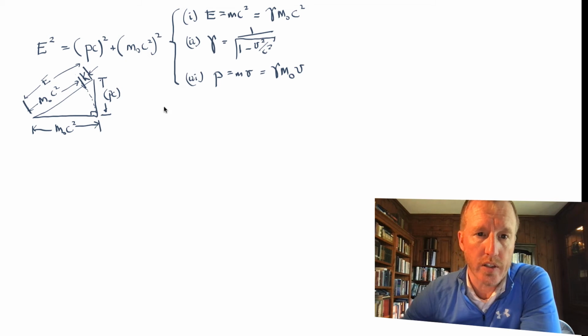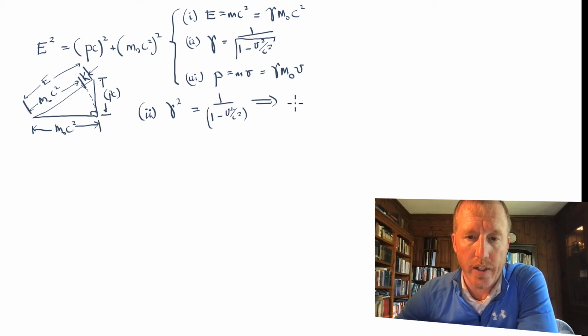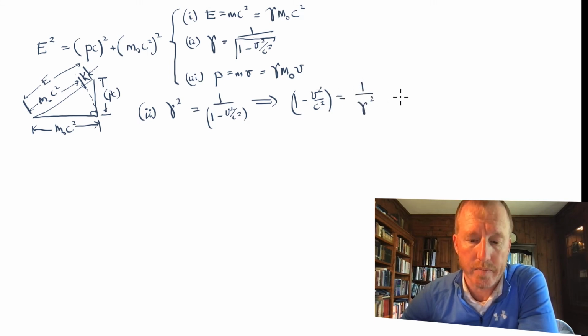Well, first of all, let's use equation 2. Let's square this and reorganize it a bit. So we're going to square both sides, then multiply both sides by the denominator, and when we do that we get 1 minus v squared over c squared, and then we'll divide both sides by gamma squared, so 1 over gamma squared like this.